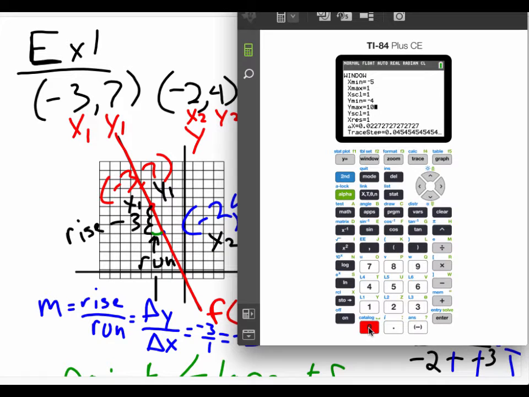All right? Then I'm going to clear all this stuff out. So I went to y equals, and I'm just going to hit clear, clear. And then I have to hit second, y equals, and turn my plot 1 on. So I'm going to hit enter, enter, boom. Now I hit graph, and I get those 2 points. Okay? So raise your hand if you need help with that.